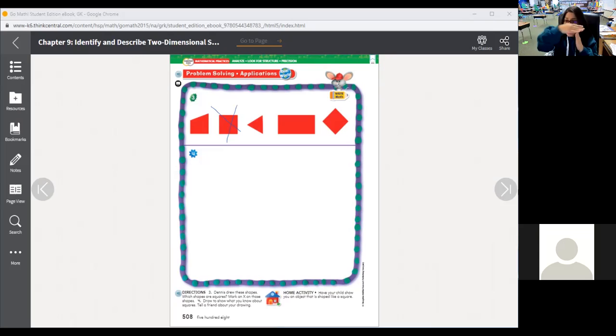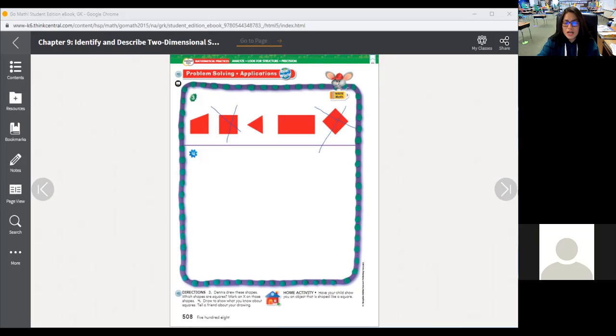So it has 1, 2, 3, 4 sides, and it has 1, 2, 3, 4 vertex, and they're all the same size. So yes, that qualifies it as a square. Thank you, Petra. So go ahead and put an X on that one.